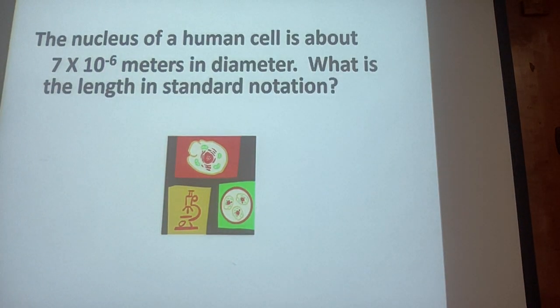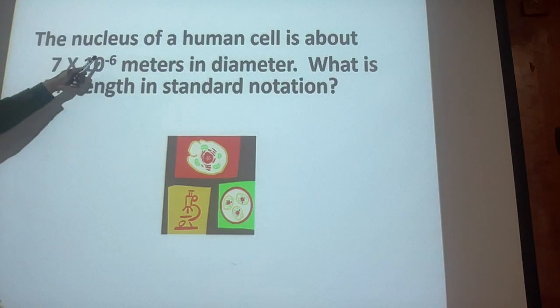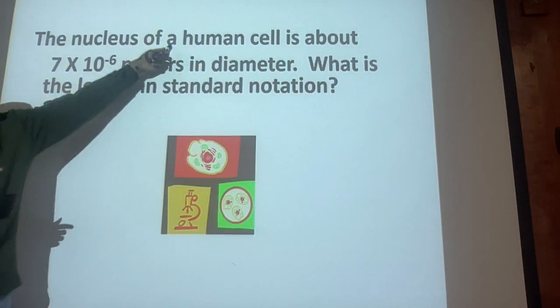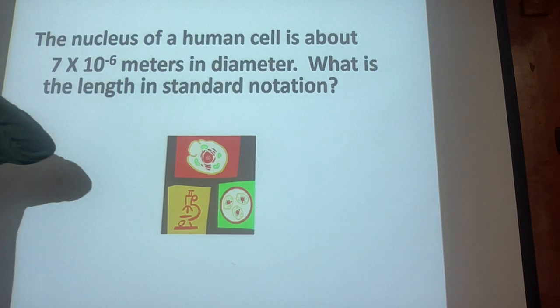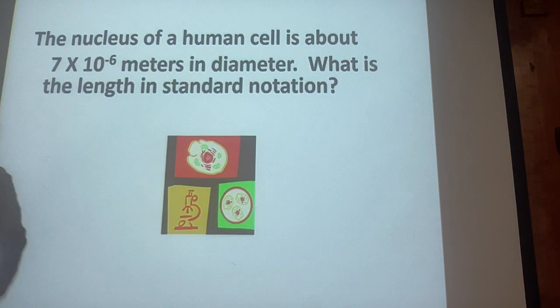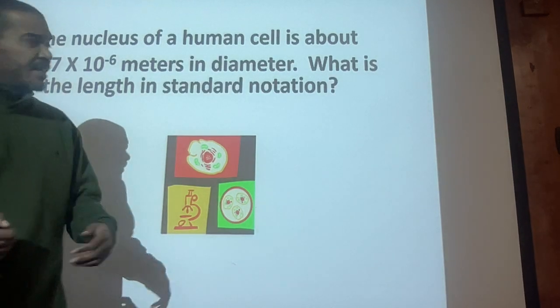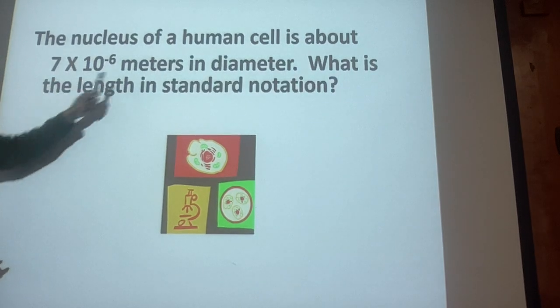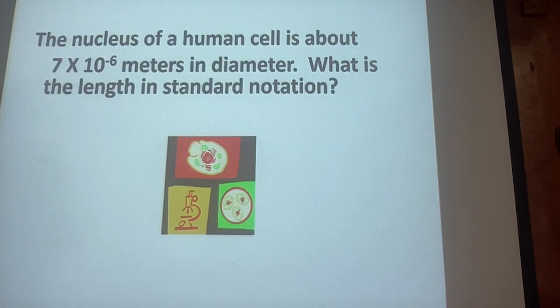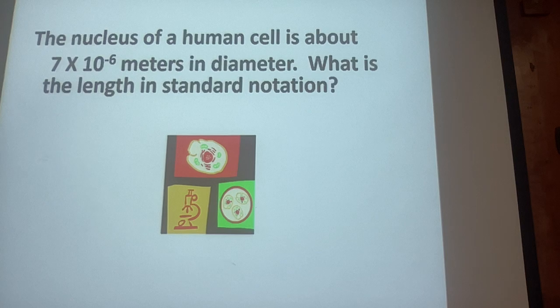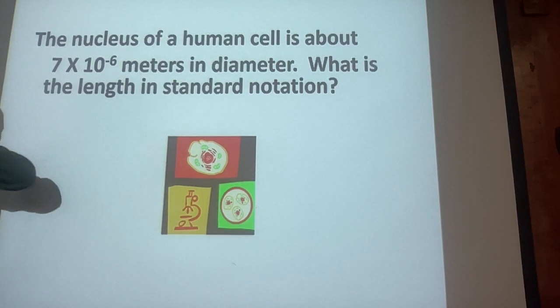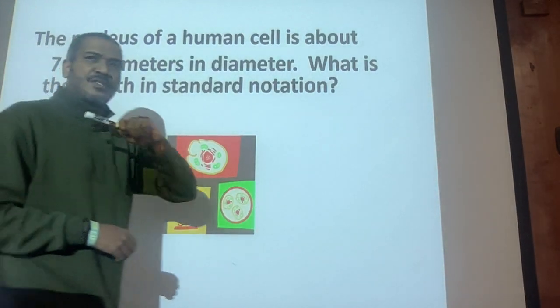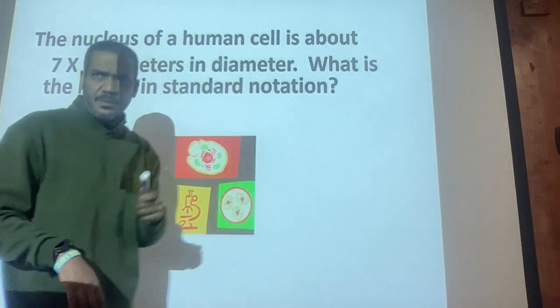Even much smaller than this, okay? But this is what? The nucleus of a human cell, okay? So a skin cell or something like that. The nucleus of that cell is these many meters, so that's 0.000007 meters.